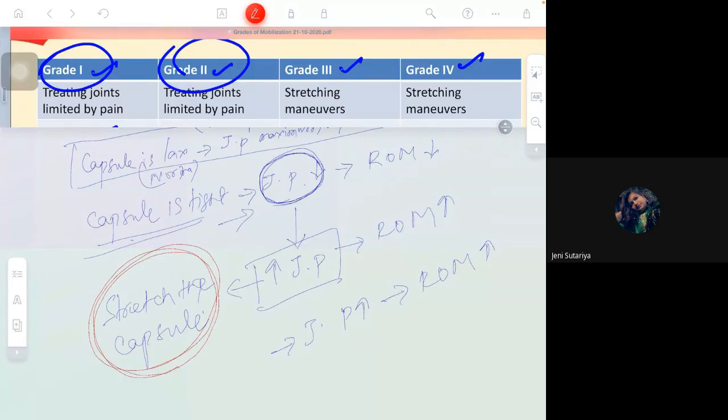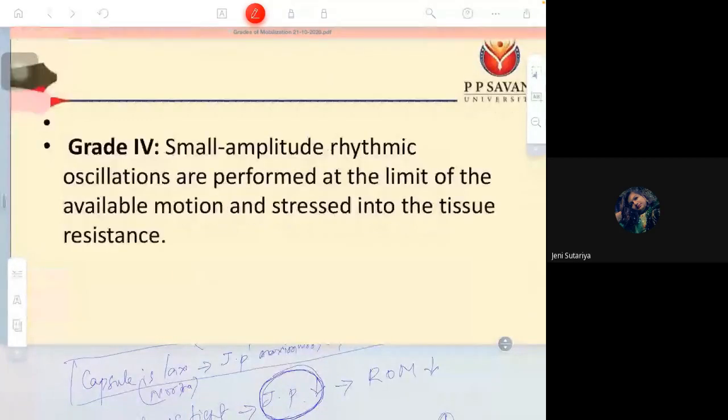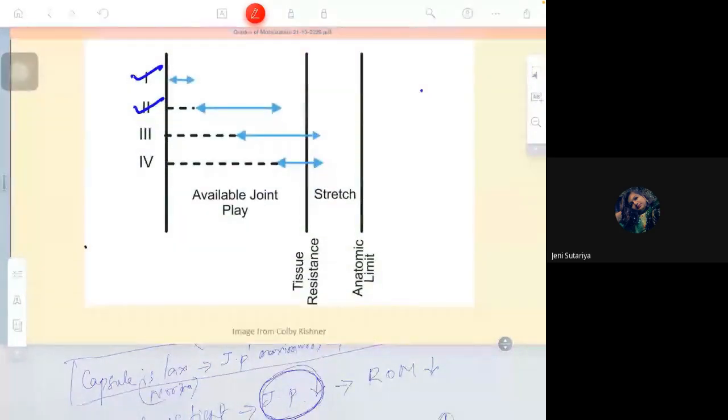Clear? So which grade is stretching the capsule? If you see the diagram, this is the line where if you cross this line, then the capsule will stretch. So what are the grades crossing the limit, or crossing the tissue resistance?